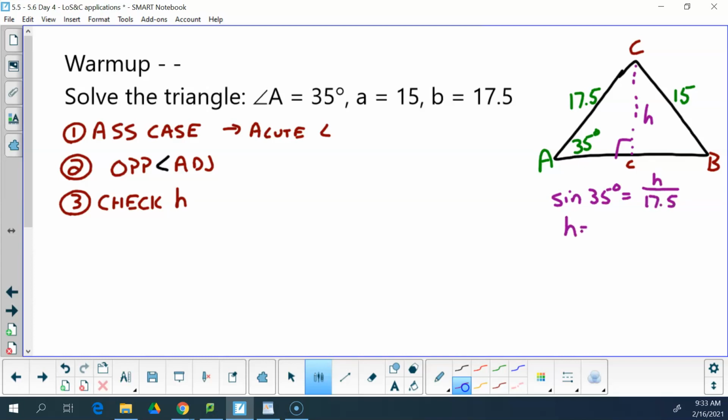So that means that h then is 17.5 times the sine of 35 degrees, which I get is 10.0376. Concur? So that means what? 0 triangles, 1 triangle, 2 triangles. It means 2 triangles. Yep.